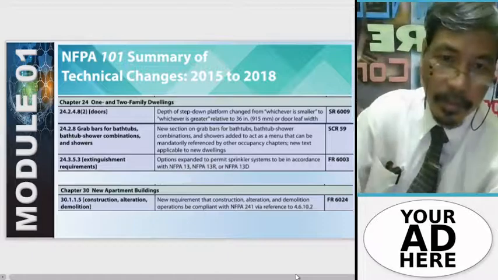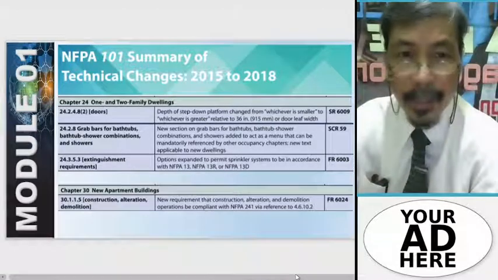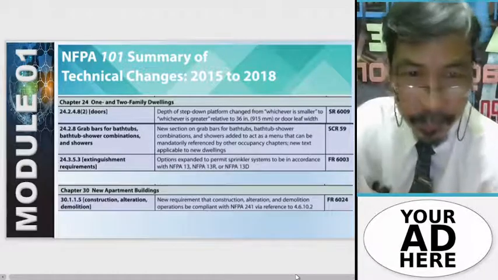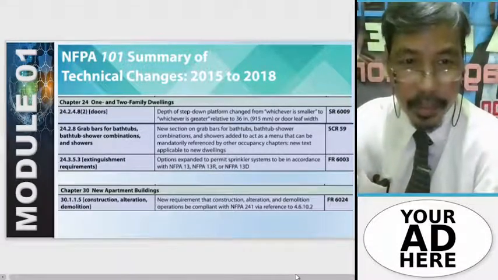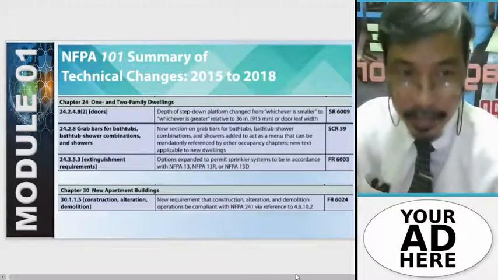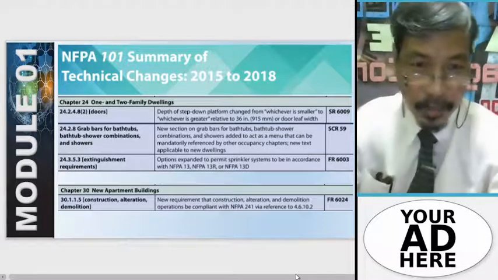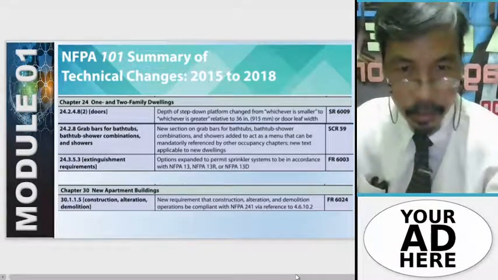So extinguishment requirements could be a sprinkler system, expanded to be in accordance with NFPA 13, 13R, and 13D. Note that previously this was not the case, so there is now an option.